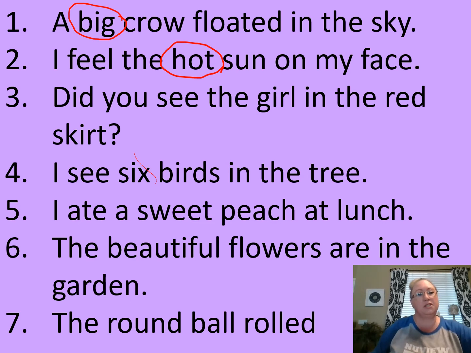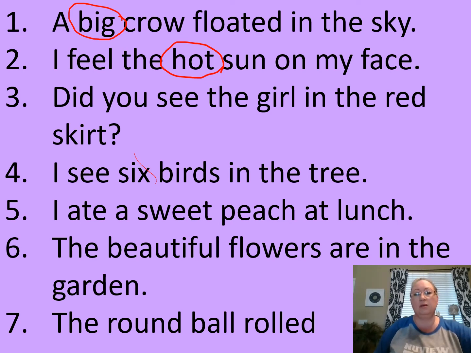All right, sentence number 3. Did you see the girl in the red skirt? Okay. Well, the sentence is about a girl, but does the word girl really tell us about the girl? No. Could there be another person, place, or thing in this sentence?